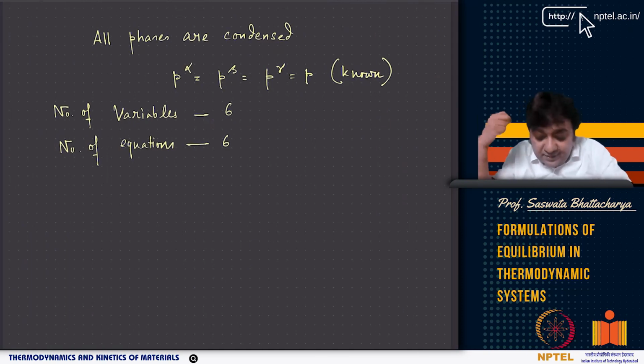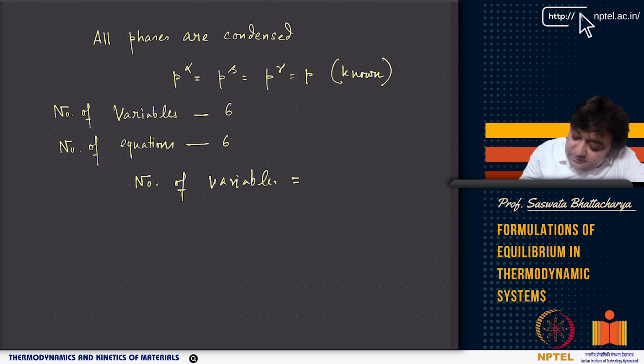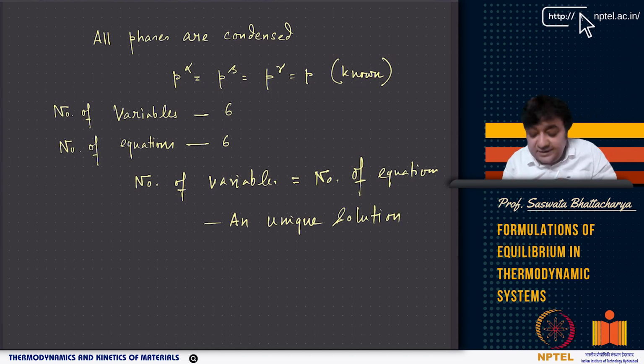So now if variables equal equations, you will have a unique solution, so number of variables equal to number of equations, you have a unique solution, right? So this is something that we have to understand.